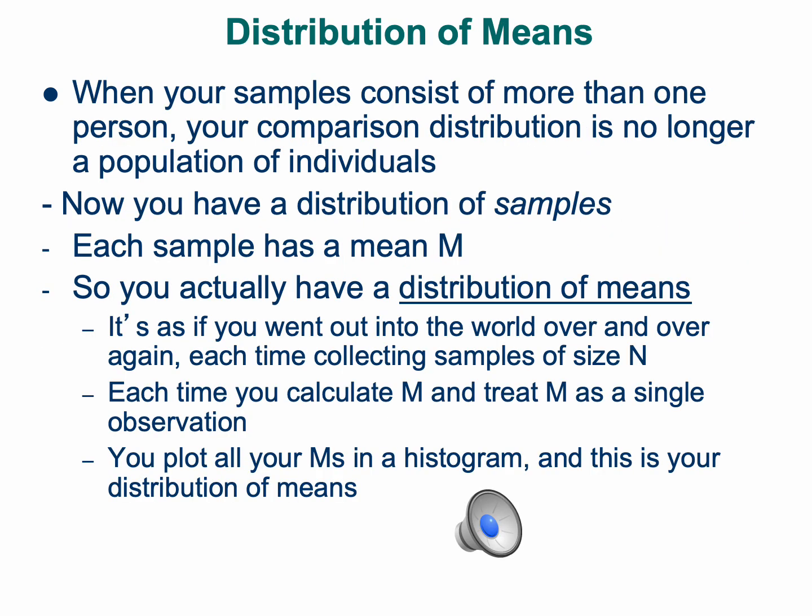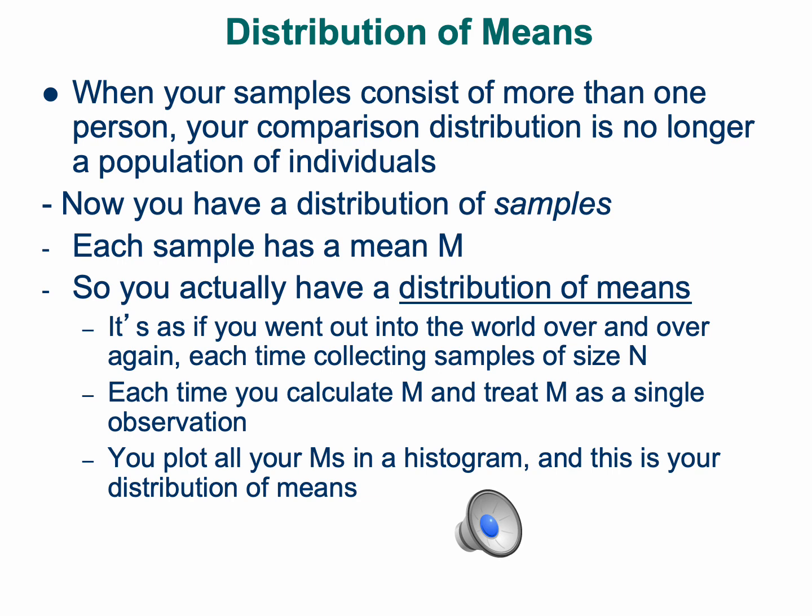Okay, now I need to make a major point about the distribution we're going to use to calculate our probabilities. Imagine you're actually going to do a study. You go out and you collect a sample, and you're going to estimate the population parameters from that sample. So you're going to estimate what the population mean and standard deviation is from the mean and standard deviation of the sample you've collected. Well, now you no longer have as a comparison distribution a distribution of individuals, because you're now taking samples.